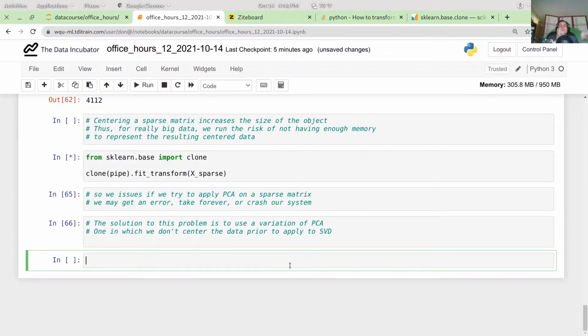If the problem is that we can't center the data when we apply PCA, why don't we just apply a variation of PCA, one which is not going to center the data initially? It's the same steps of PCA, it's just that we skip the centering part. Strictly speaking, this is no longer PCA. Mathematically, you're not applying principal component analysis, because PCA requires centering the data.